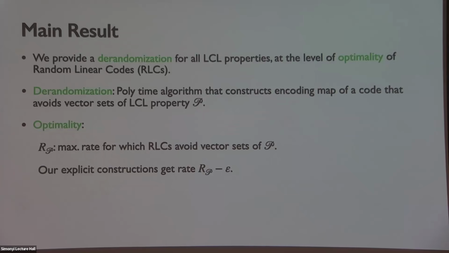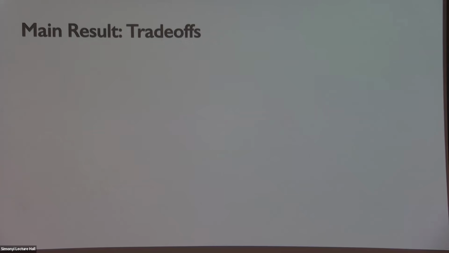So before I go on with the main result, I'll talk about two important trade-offs. The first one, the important one, is that there's an increase in alphabet size, compared to the alphabet size that random linear codes get. This is the main reason we are not able to get binary codes on the GV bound or binary list decodable codes, which are big open problems.